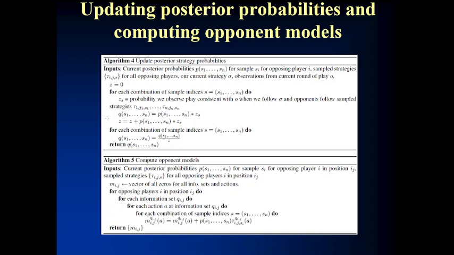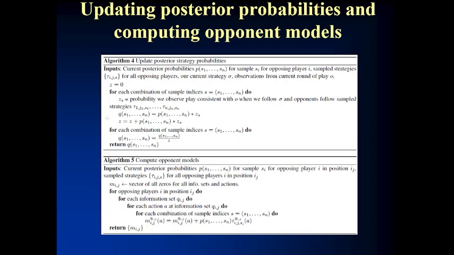For each hand, for each round, we're going to look at each of these sampled strategies, there are k of them, and ask: what's the probability that the opponents, all of them, would have followed the observed actions and information that we saw this round if they were playing that strategy? We multiply that by the prior we had from the preceding round and normalize, and then we get the new updated posterior probabilities for each of these k sampled strategy profiles.